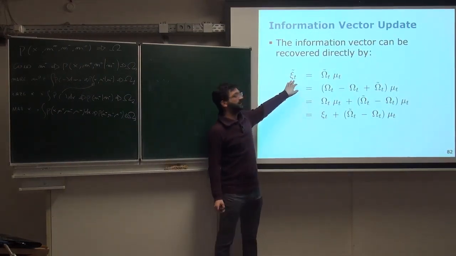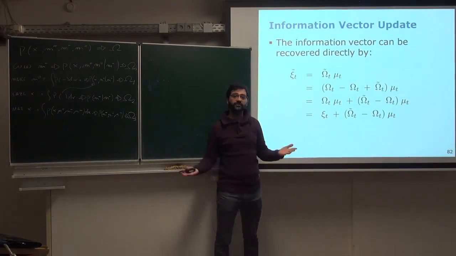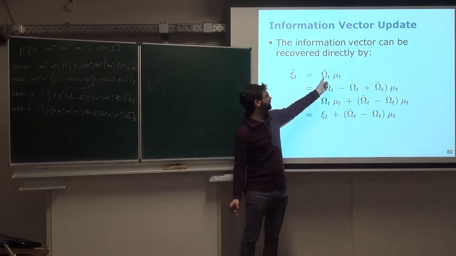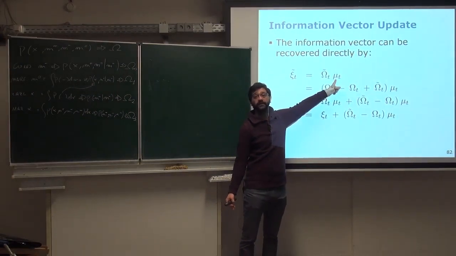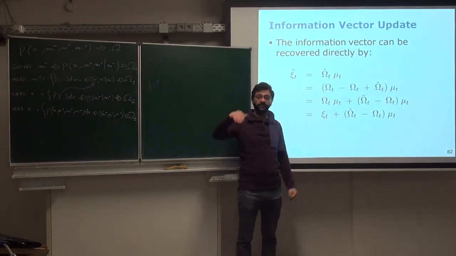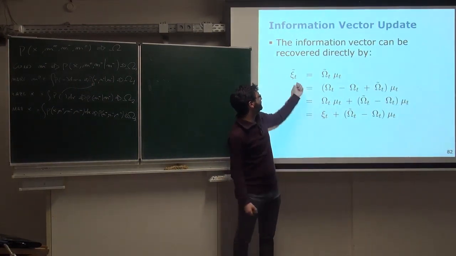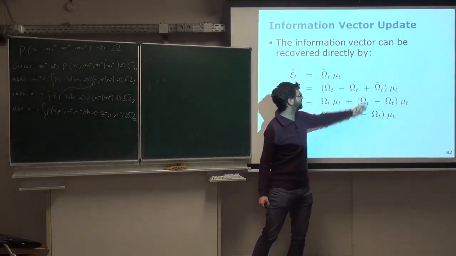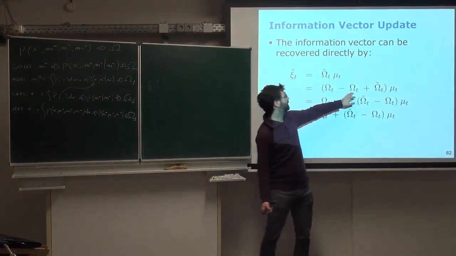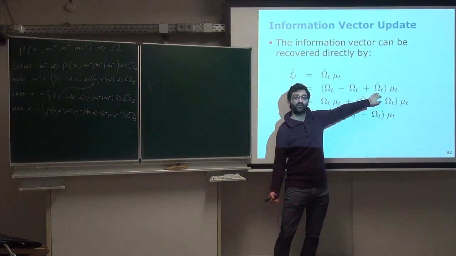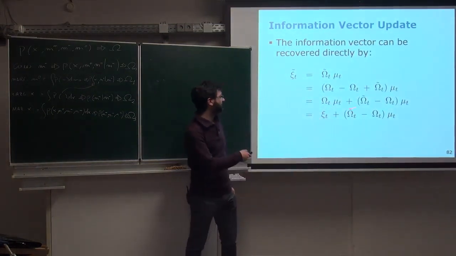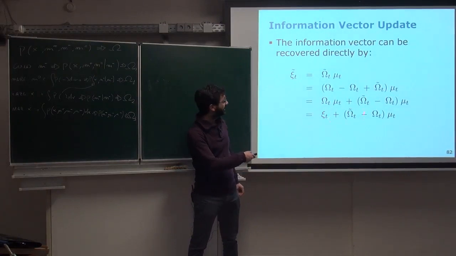And to get then the information vector, we apply the definition of the information vector, which is information matrix times the mean. We get the mean because we covered it in the previous step. And we say the new approximated thing is like this. So it's basically the old information matrix minus the old information matrix plus the new one, which basically means that we get the previous information vector, and here we have the new information matrix minus the old information matrix times mu.